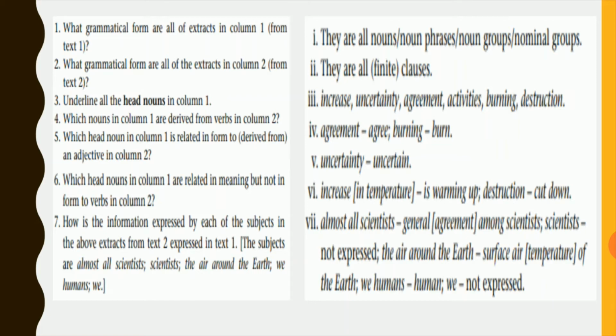And also, which head noun in column 1 is related in form to or derived from an adjective in column number 2? That is uncertainty and uncertain. Also with question number 6: which head nouns in column number 1 are related in meaning but not in form to verbs in column 2? The answer is increase in temperature with warming up, and destruction with cool down.